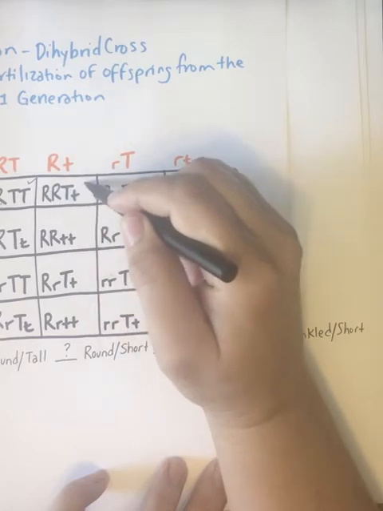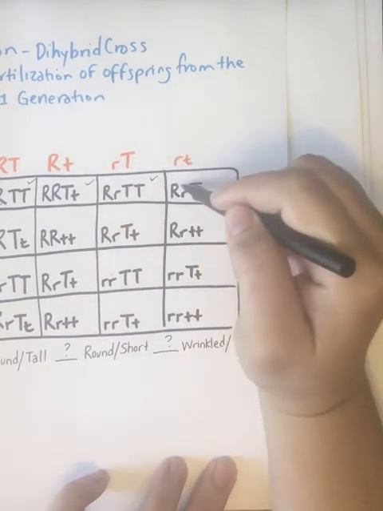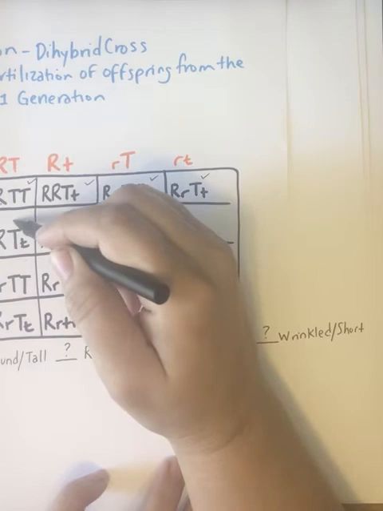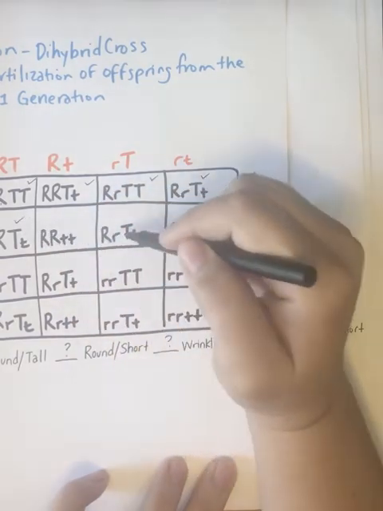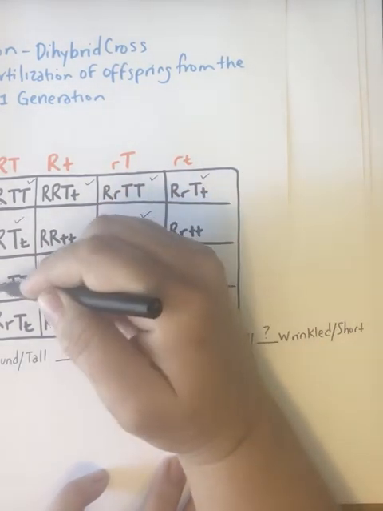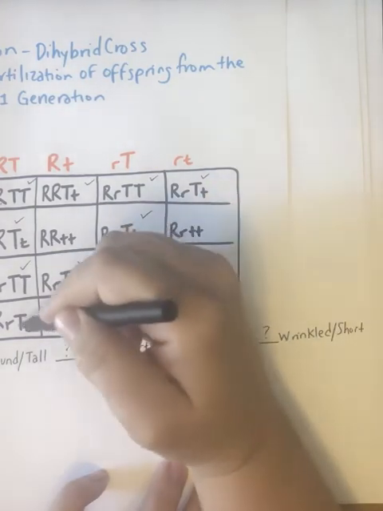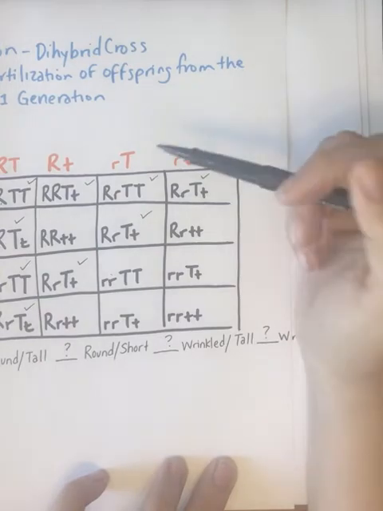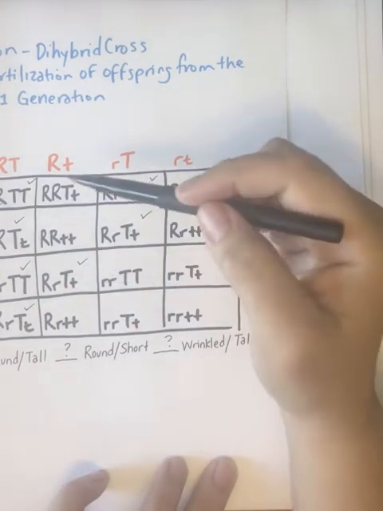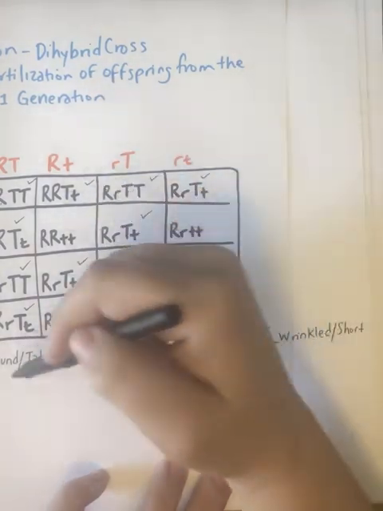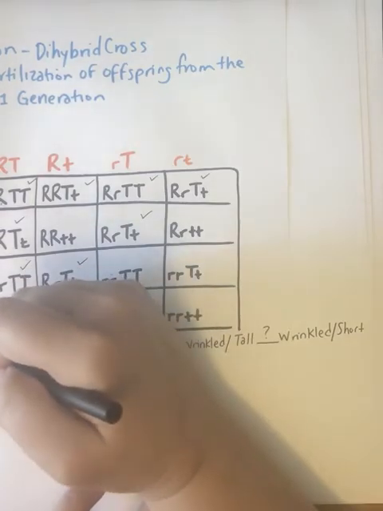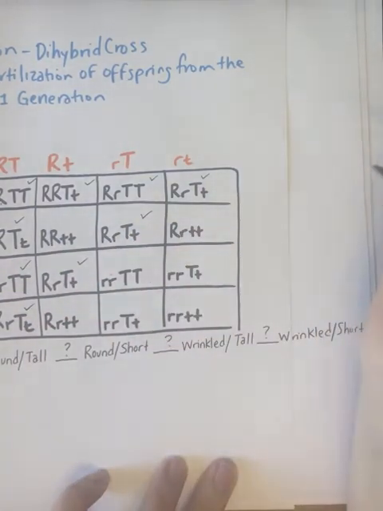Big R, big T, 2, 3, 4, 5, nope, 6, 7, 8, nope, 9, 9. So I have 9 that are round and tall because they have large R's or a large T. So you would write, I have 9 that are round and tall.